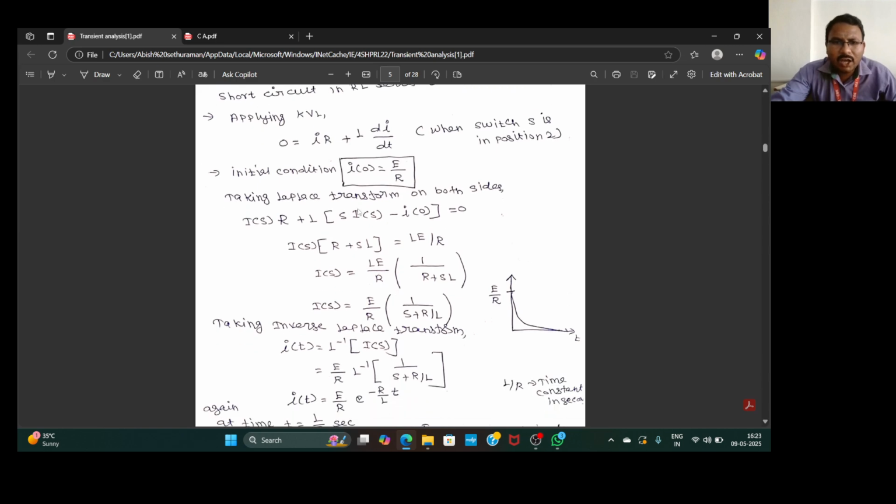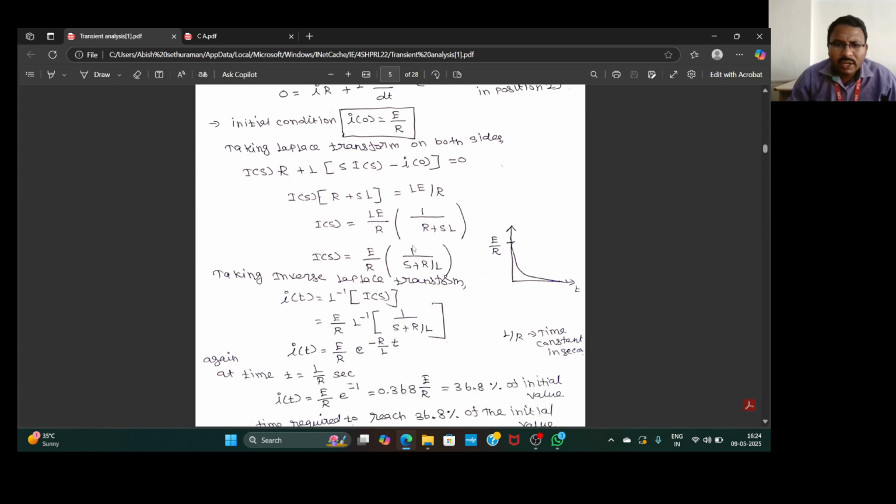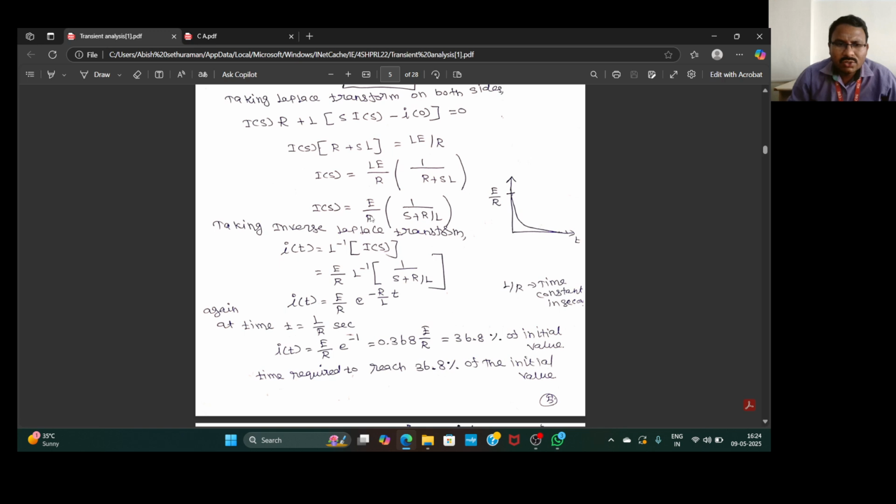The initial condition I of 0 equal to E divided by R. Taking Laplace transform on both sides, I of S R plus L into S of I of S minus initial condition I of 0 is equal to 0. So we obtained I of S equal to E divided by R of 1 divided by S plus R divided by L.